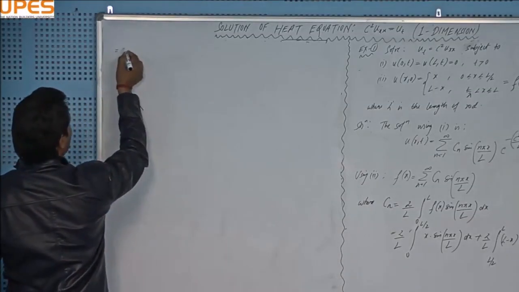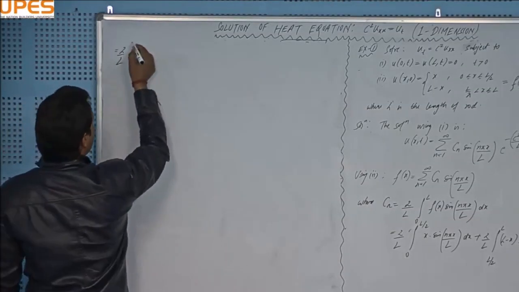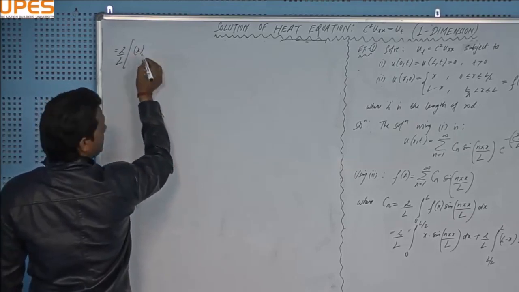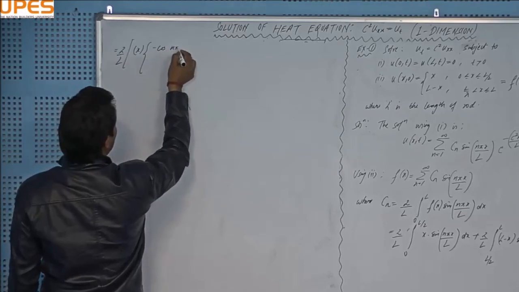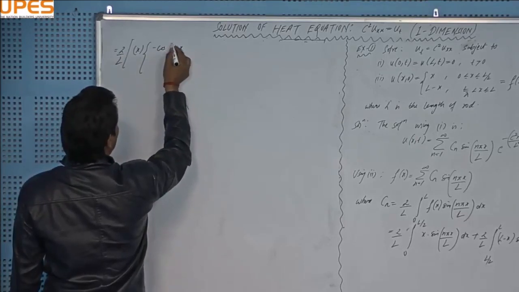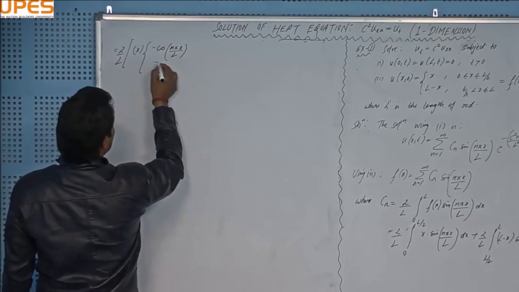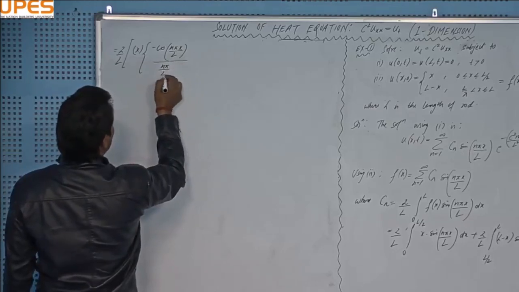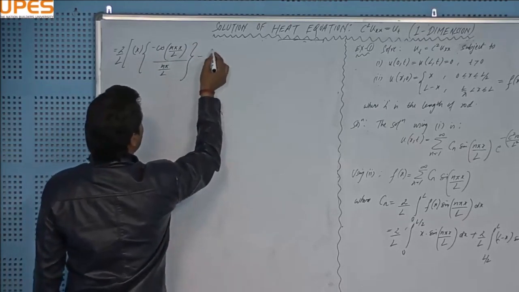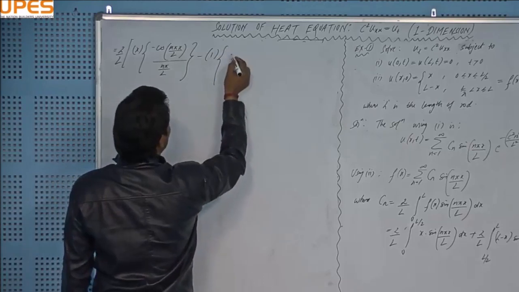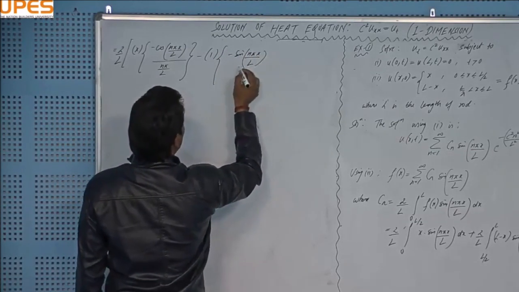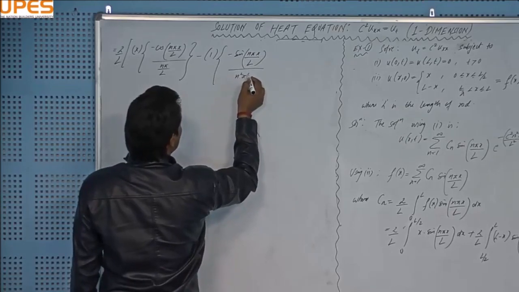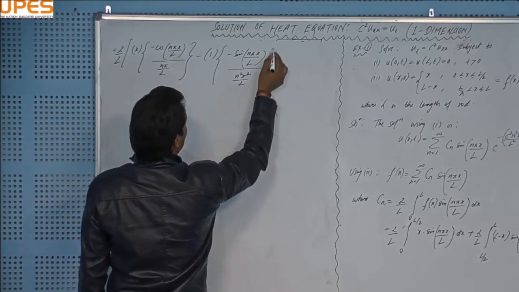Now performing integration, I will be getting first function, integration of second will be minus cos(n pi x over L) over n pi over L, minus 1, and it will become minus sine(n pi x over L) over n square pi square over L.